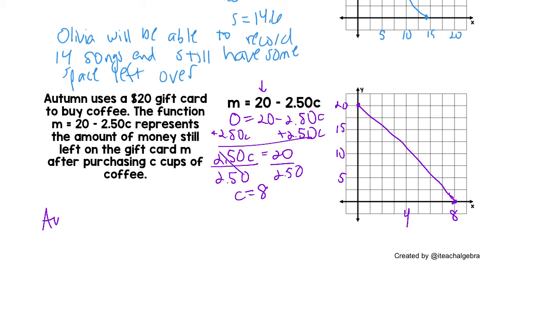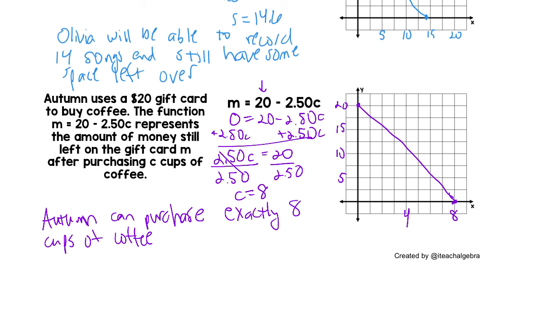We can also know that Autumn can purchase exactly 8 cups of coffee and have no money left over.